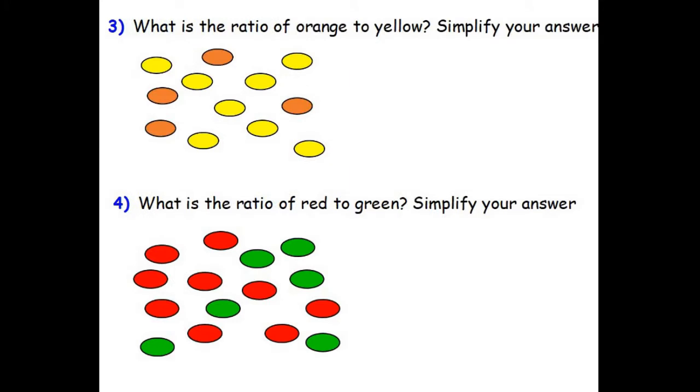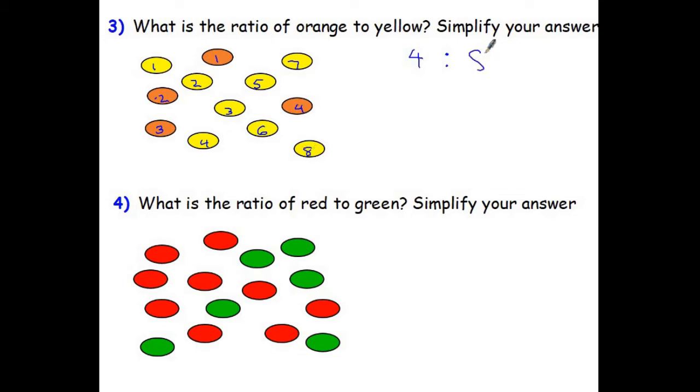So the next example asks, what is the ratio of orange to yellow? And it also says to simplify your answer. So I'd imagine we have to simplify here. So let's start off as normal. Let's look at our orange. So we have 1, 2, 3, 4 orange. And how many yellows do we have? We have 1, 2, 3, 4, 5, 6, 7, 8.